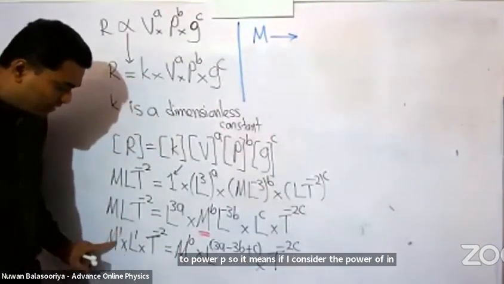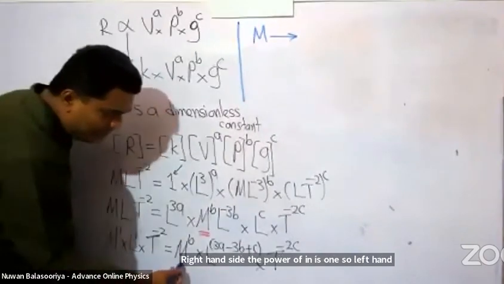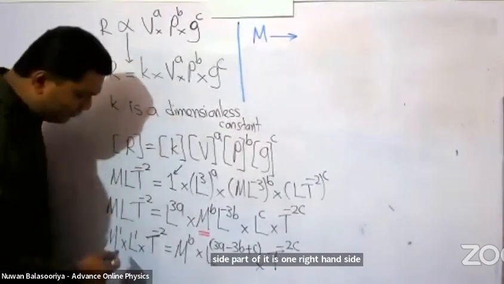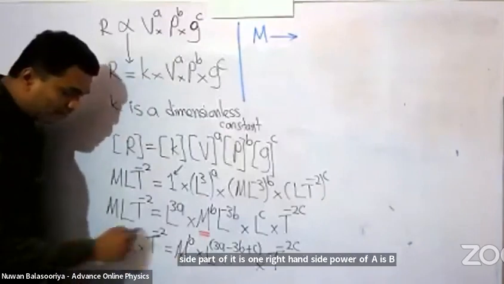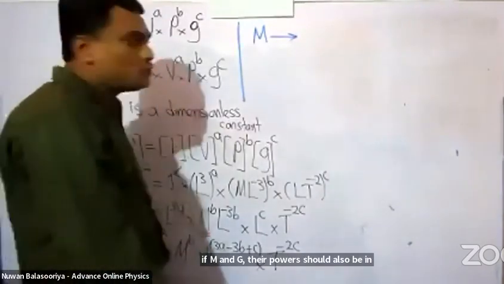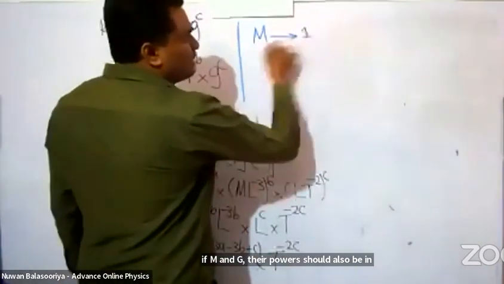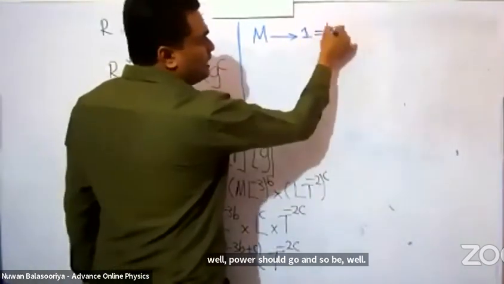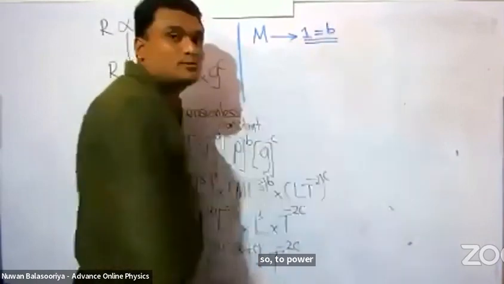On the right hand side the power of M is B. If M and M are equal, their powers should also be equal. So M to the power 1 on the left, M to the power B on the right, therefore B equals 1.